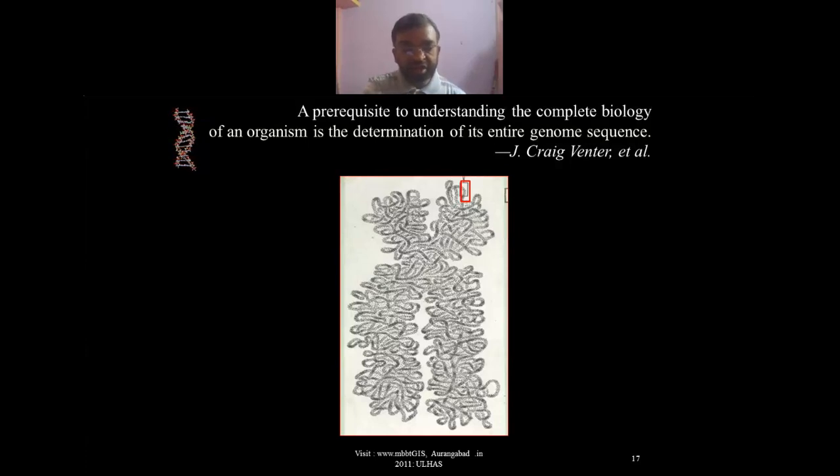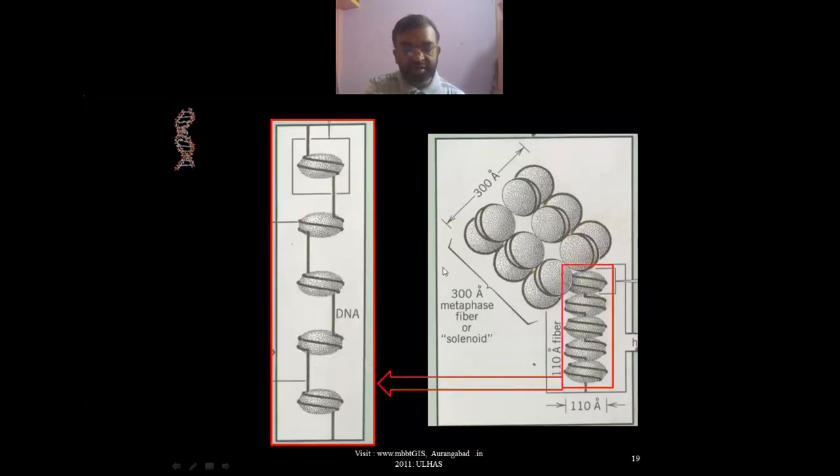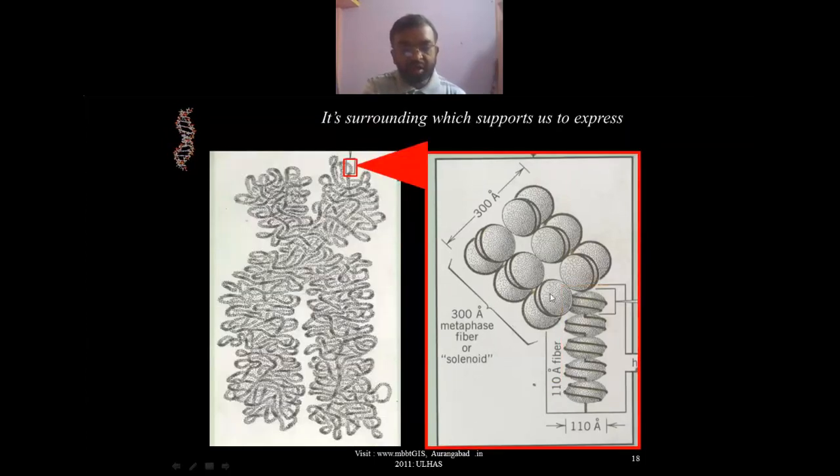For example, this chromosome is known to you from the 7th standard. Suppose we enlarge and visualize this particular part, it is like this. Under the electron microscope it is possible to analyze this structure, but beyond that there is a model.